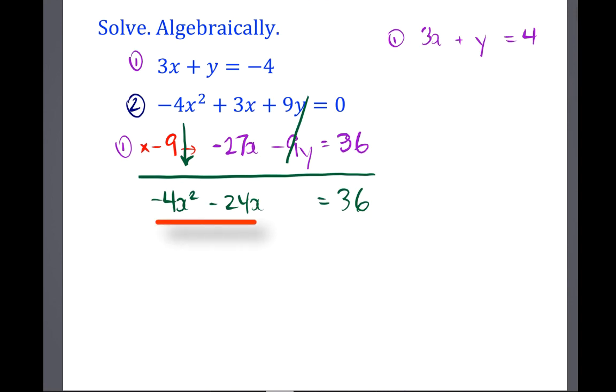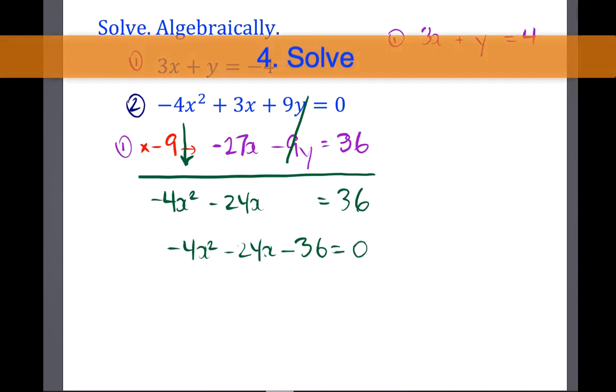Because now I have this new equation, -4x squared minus 24x equals 36. We know it's a nice grade 11 equation with a power of 2, so let's get everything onto one side. So I have -4x squared minus 24x minus 36 equals 0. And let's divide each term here by -4.